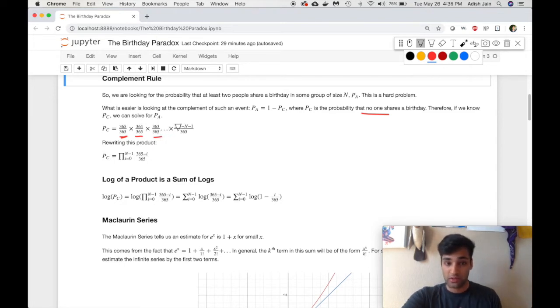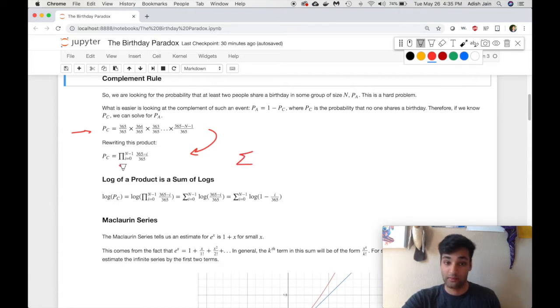And we can do this all the way up to the nth person. 365 minus n minus 1 are the number of options that the nth person has, such that we maintain this criteria, okay? And this is basically this product right here rewritten in a very nice compact way. It's an analog to the sum notation.